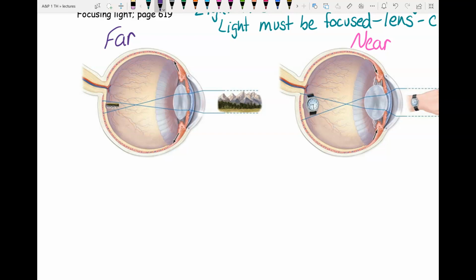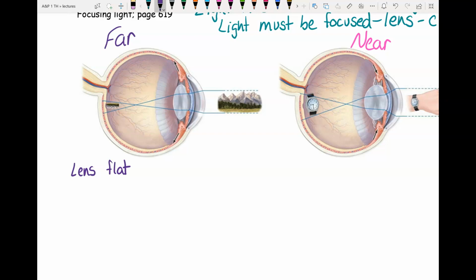Okay, so we'll start with far vision. For far vision, you want the lens to be flat. So the lens is like a ball, a squishy ball. Think about a squishy ball. If you just leave it alone, it's a round shape. But you can put pressure on it, you can squish it and make it flat. That's what the lens is like.